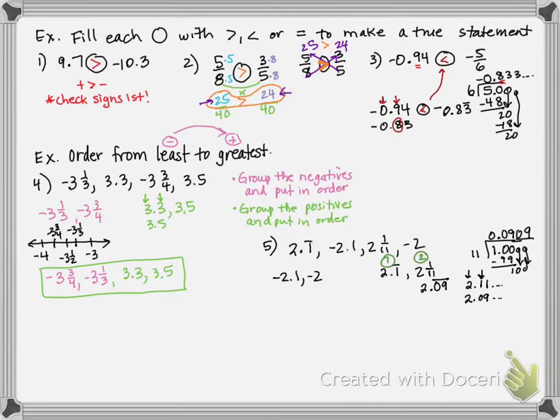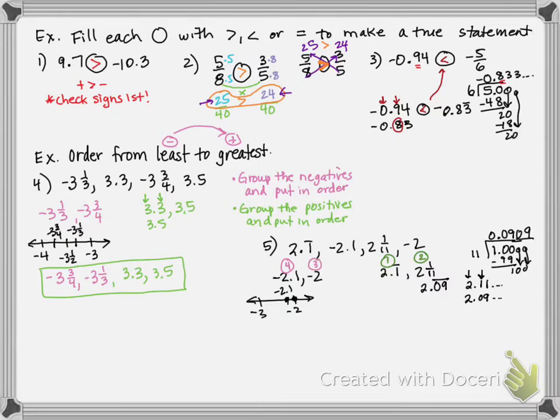So let's look at our two negatives. All right, so on a number line, if -2 is here and -3 is here, so we've got the -2, but then to the left of it would have to be the -2.1. So the order would be, the very smallest one would be the least.